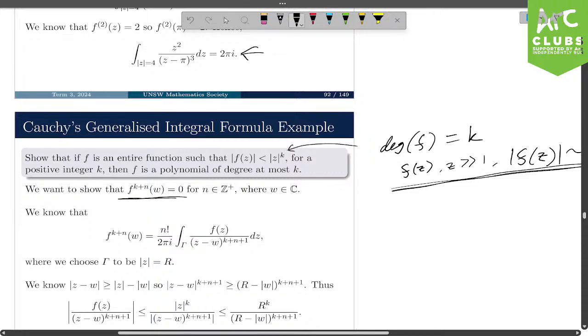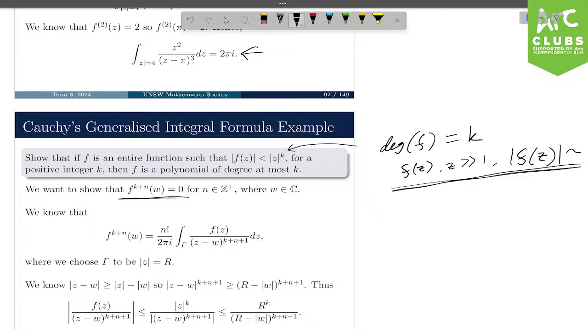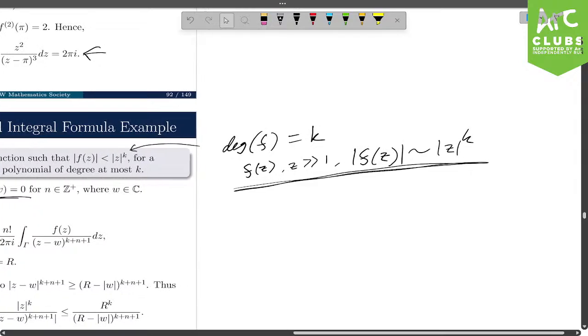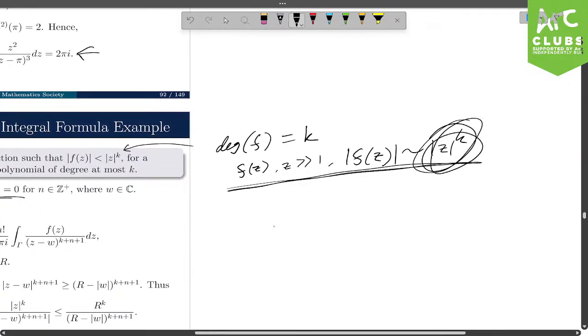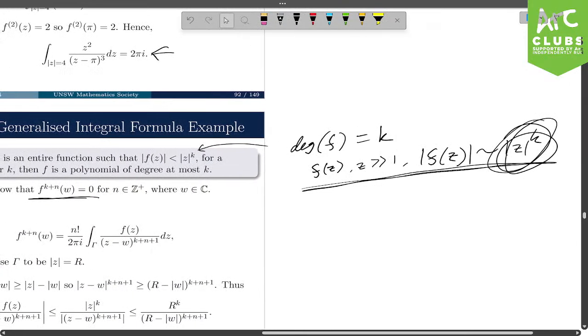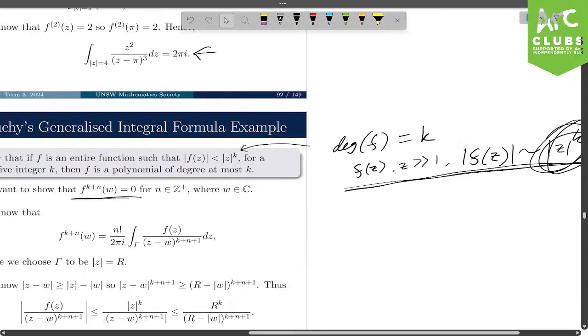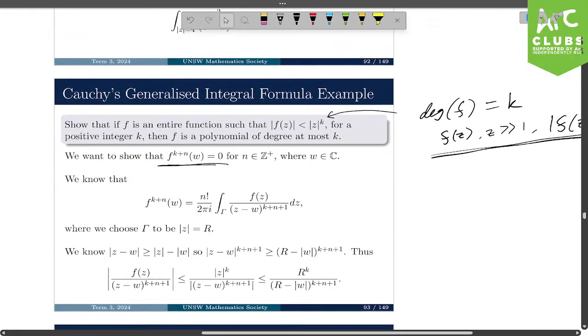So the k plus n-th derivative of f, for some positive integer n, should be 0. Because that's just saying the maximum power has been kicked off. Okay? So let's go ahead with that.